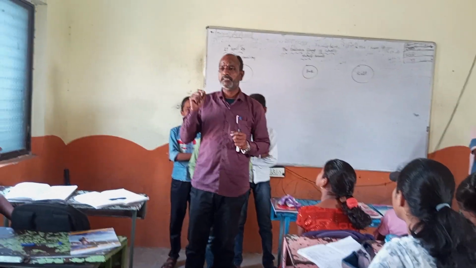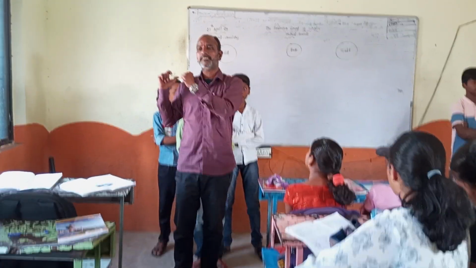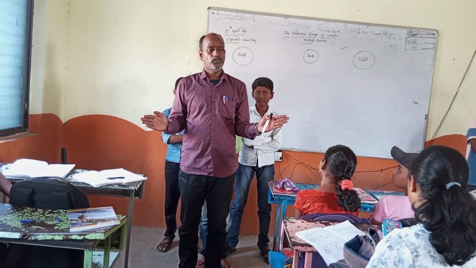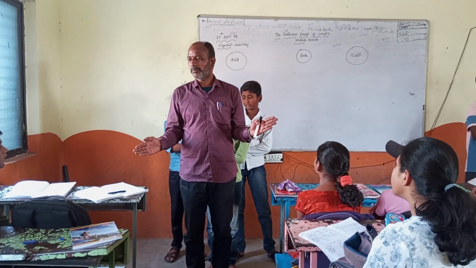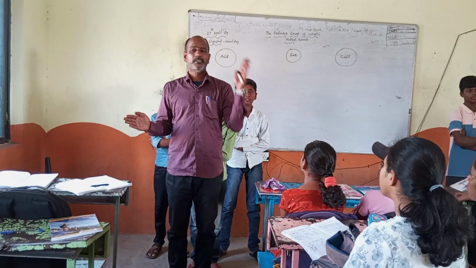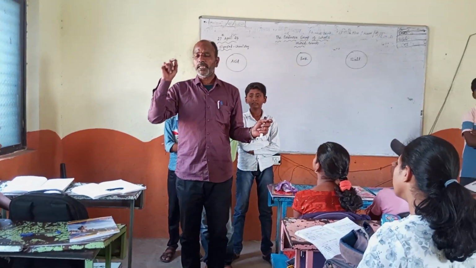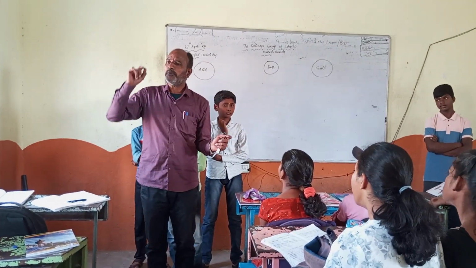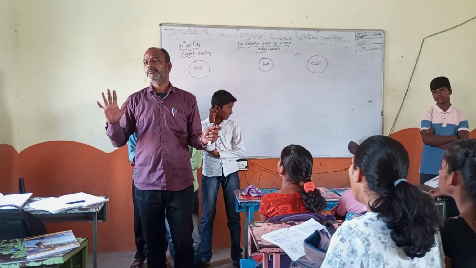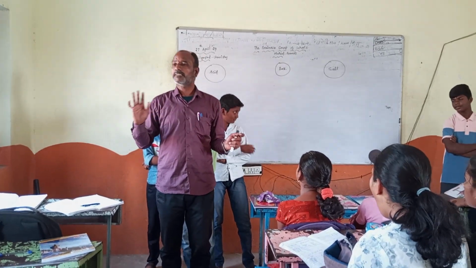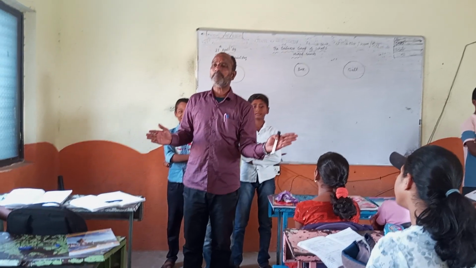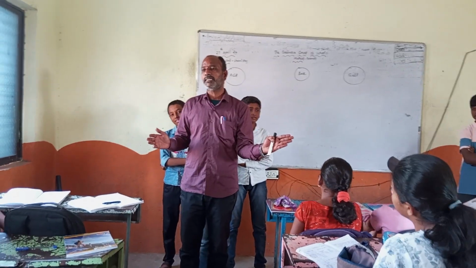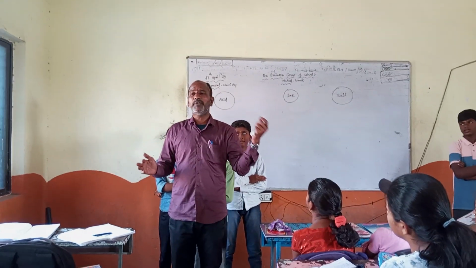Based on the strength, these bases are divided into two: strong base and weak base. If OH minus ions are completely dissolved in water, it is called a strong base. If OH minus ions are partially dissolved in water, it is called a weak base.